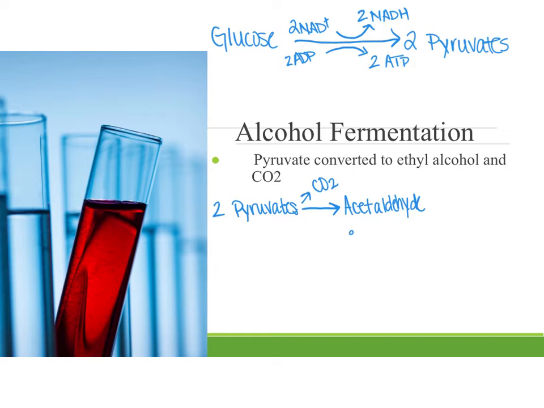The acetaldehyde becomes an electron acceptor, which means that it is going to help convert NADH back to NAD+. Through that process, we're going to get 2 ethyl alcohols. Now, this NAD+ can go back and be reused through the process of glycolysis again, and we can produce 2 ATP.